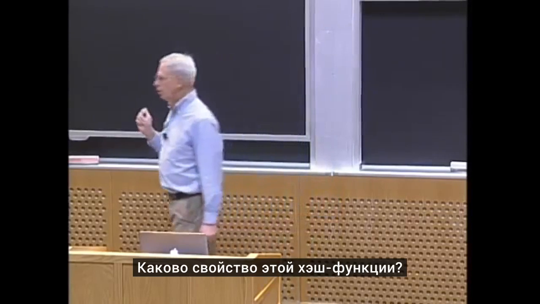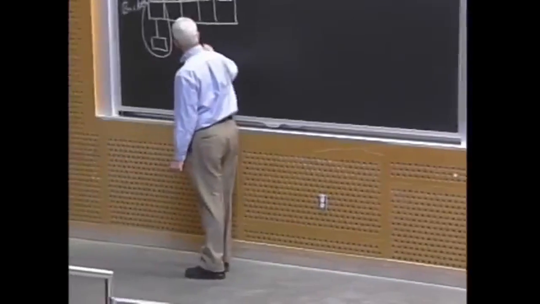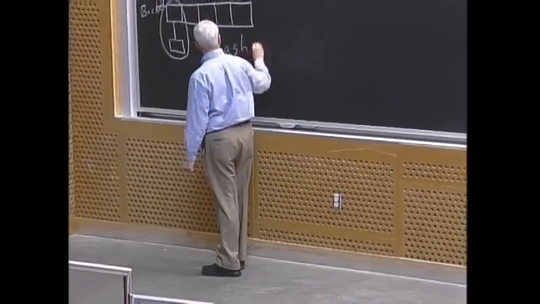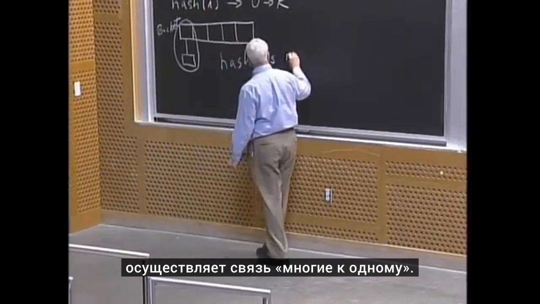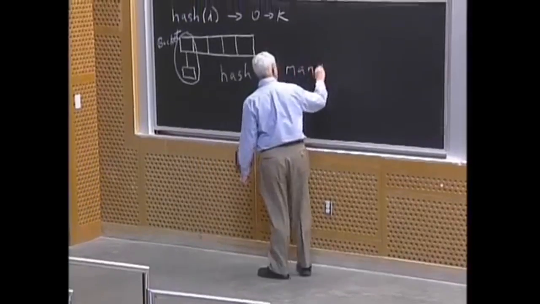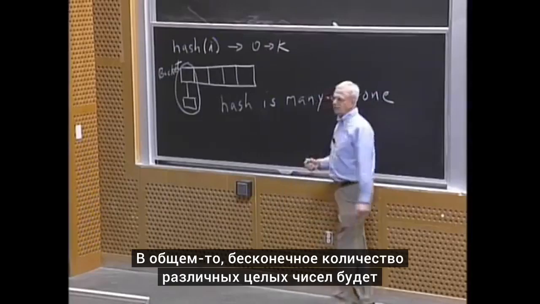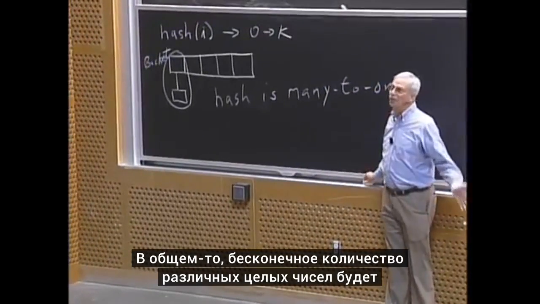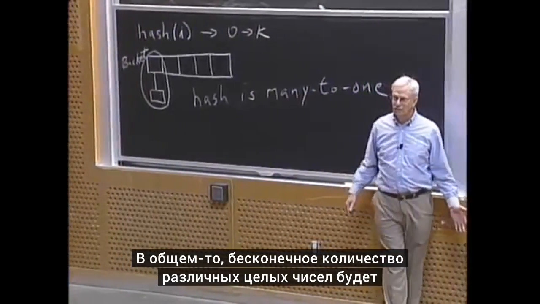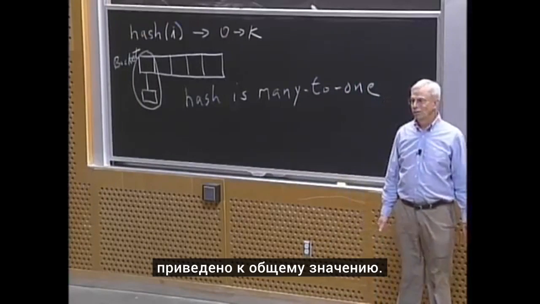Well, what's the property of this hash function? The key issue here is the hash function is many to one. That is to say, an infinite number of different integers will hash to the same value.